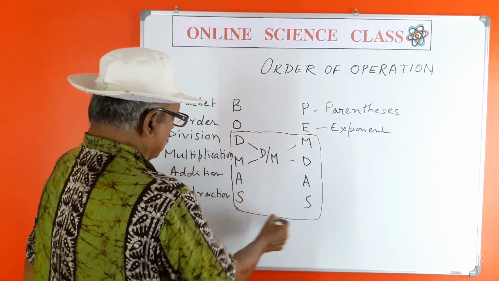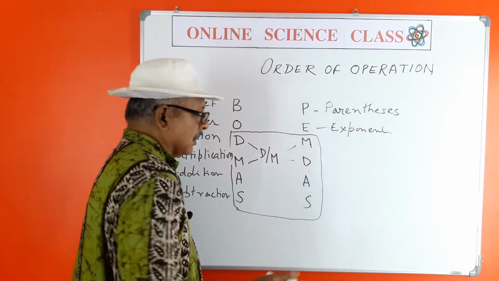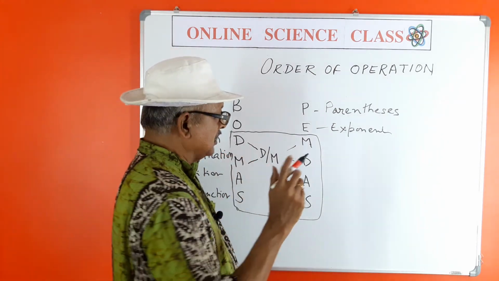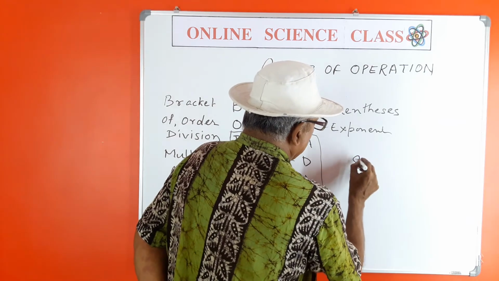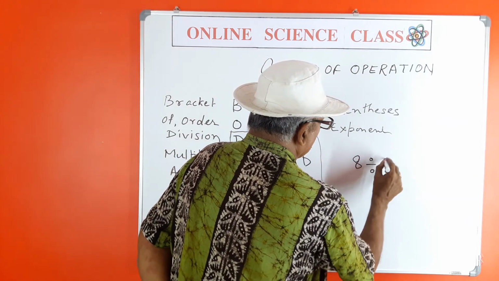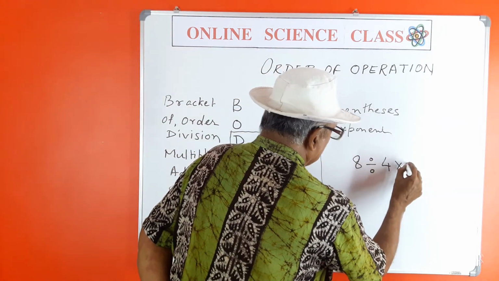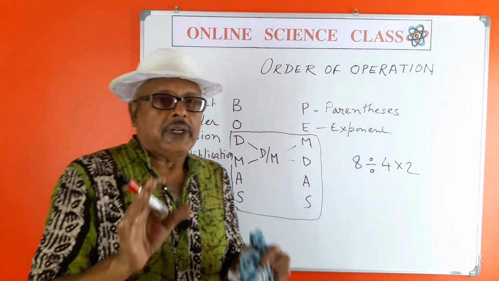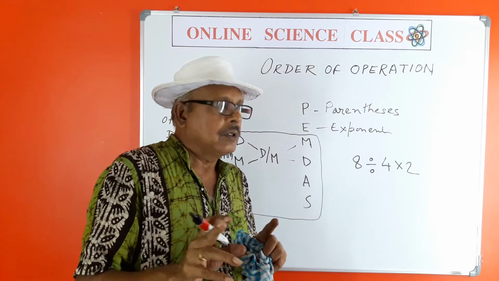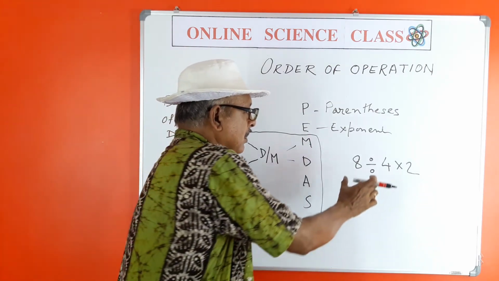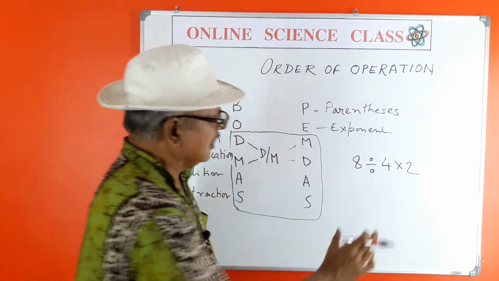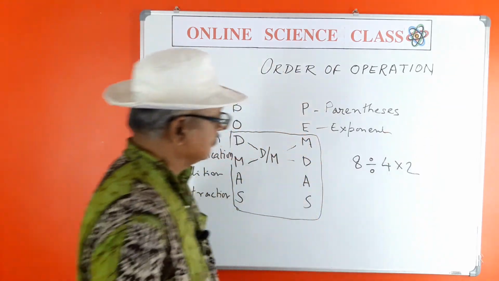So this marked area, there is a different rule, not different, a specific rule. What is it? Say 8 divided by 4 multiplied by 2. Earlier we have seen we are getting two answers, one for doing this operation first and another for doing this operation first.